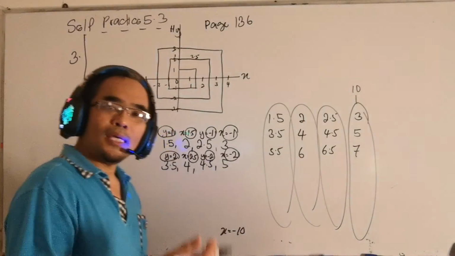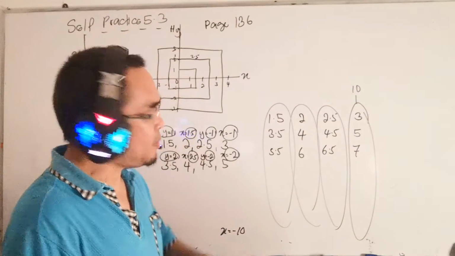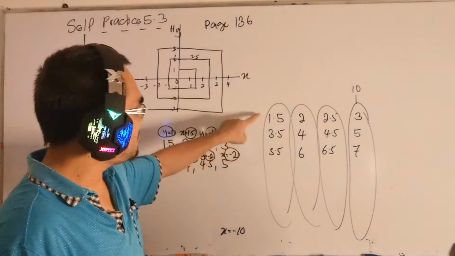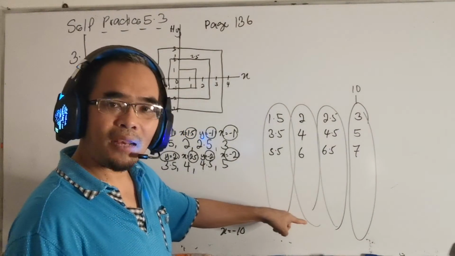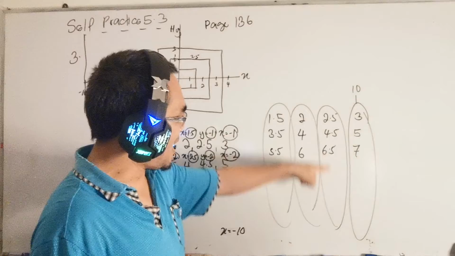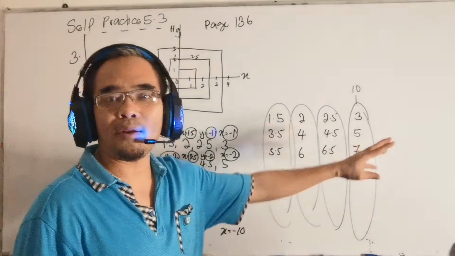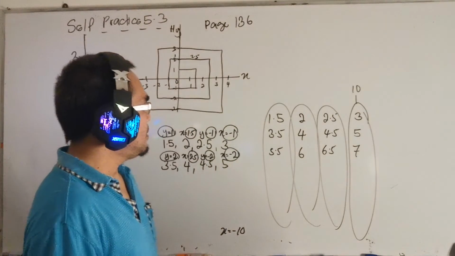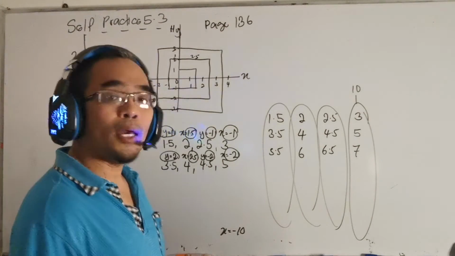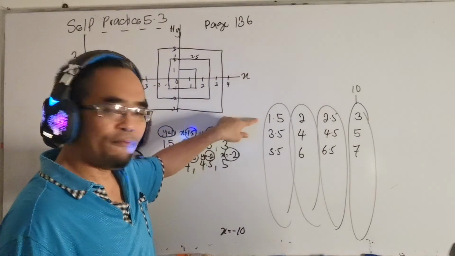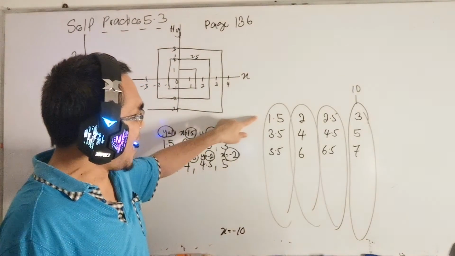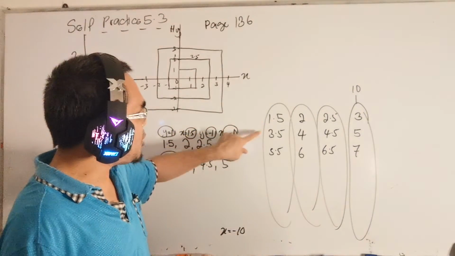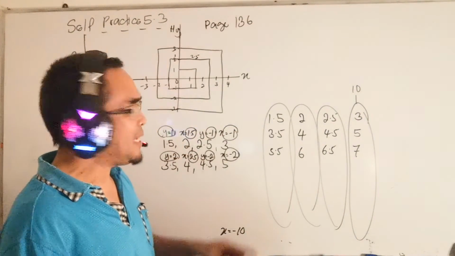There are two ways you can do it. You calculate S10 from this arrangement, S10 from this arrangement, S10 also, and you add all. That is one option. For that, a is 1.5 and make sure d is 2.